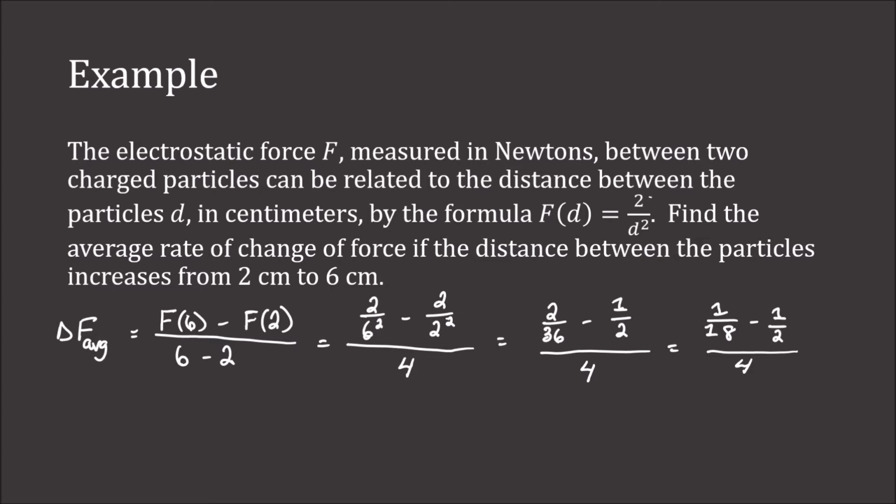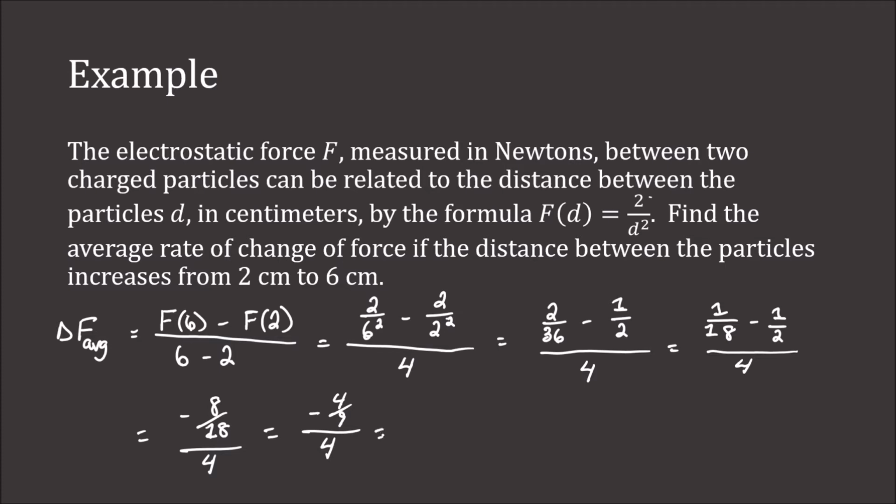So remember, to subtract fractions, we need the least common denominator. In this case, the least common denominator between 18 and 2 is 18. So it's 1 minus 9 over 18, and that's all over 4. That simplifies to negative 4/9 over 4.